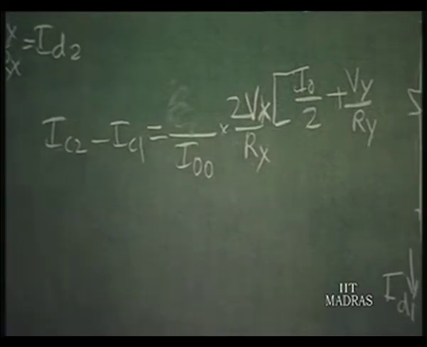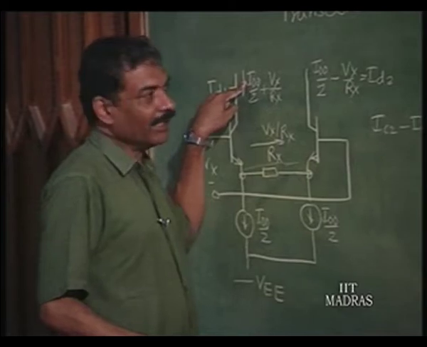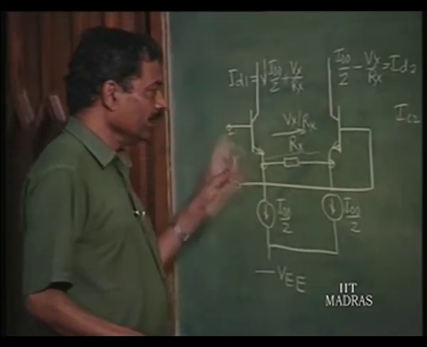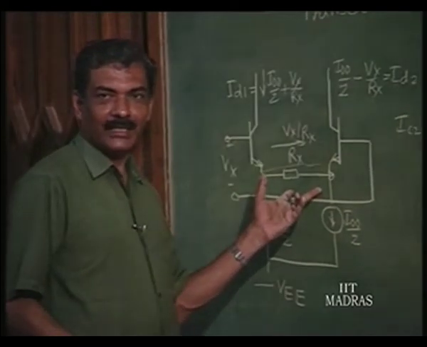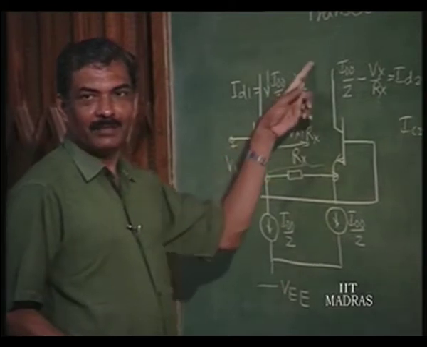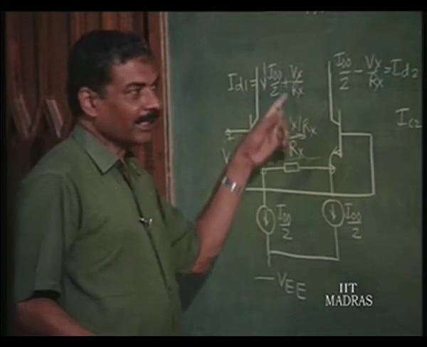Just as we had a voltage to current converter here, we can have a voltage to current converter there also. Only thing is it will be Vy here and Ry there. So, that can generate a current which is on one side I naught by 2 plus Vy by Ry.